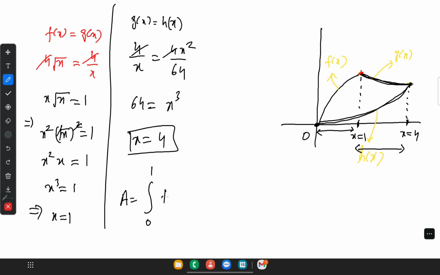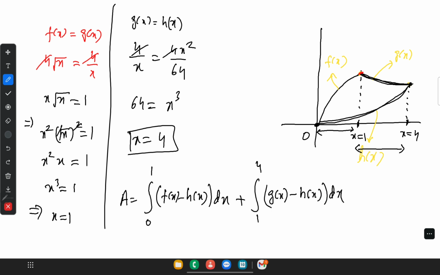So I will find the difference, f of x minus h of x dx. In the region from 1 to 4, what is upper curve? g of x minus h of x. Lower curve is h of x. This is the whole scenario. I have to put their values and I will get the answer.